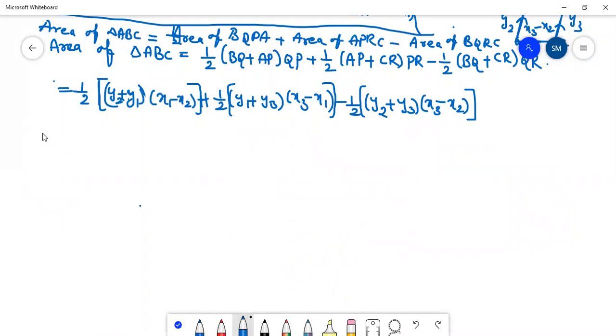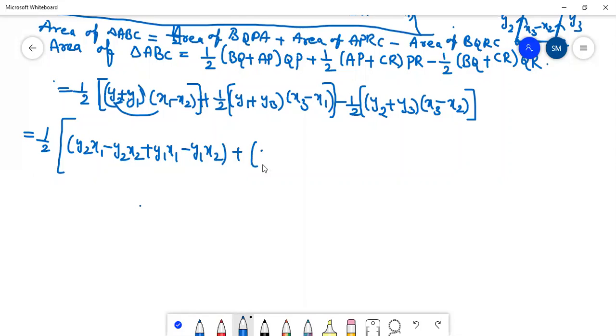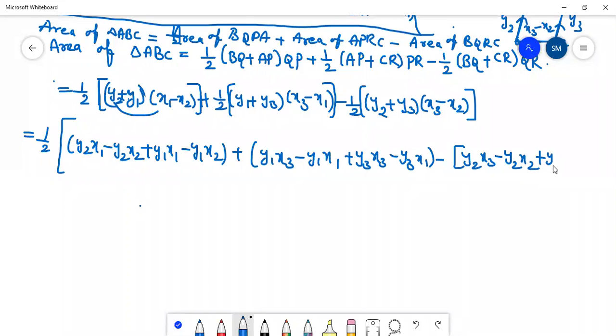The area of the triangle ABC is equal to 1 by 2, taking common from all terms, then multiplying each and every term: y2 x1 minus y2 x2 plus y1 x1 minus y1 x2 plus y1 x3 minus y1 x1 plus y3 x3 minus y3 x1 minus y2 x3 plus y2 x2 minus y3 x3 plus y3 x2.